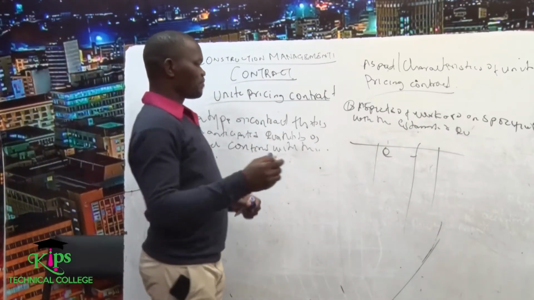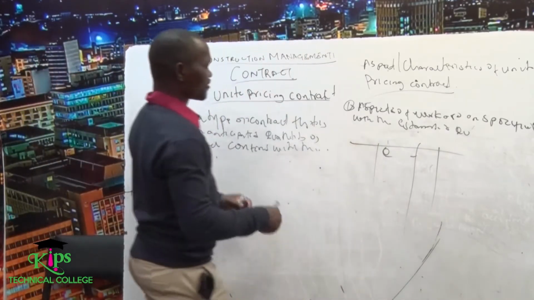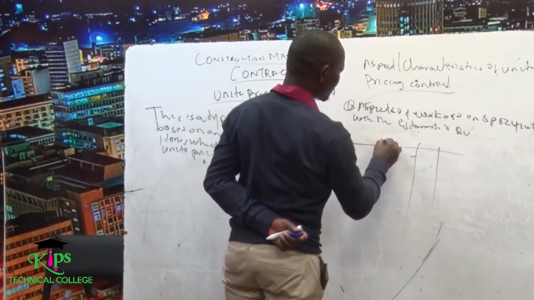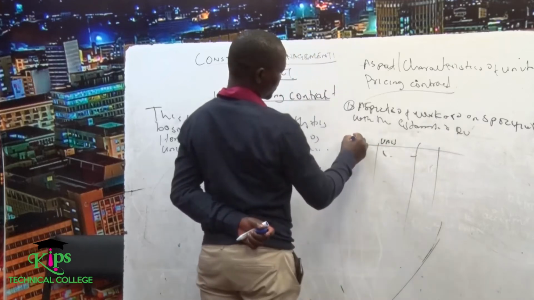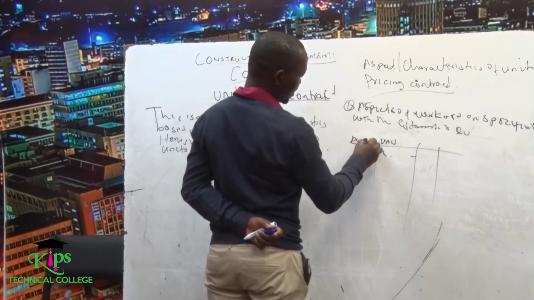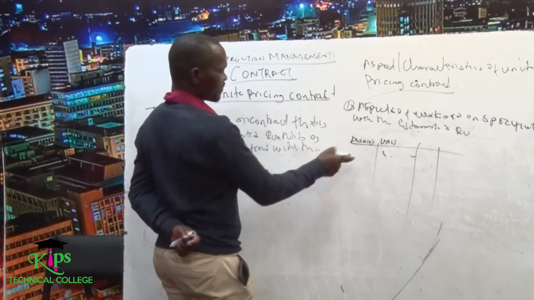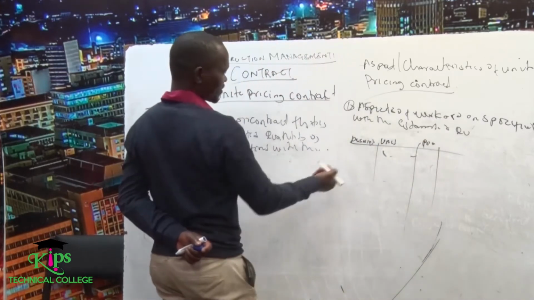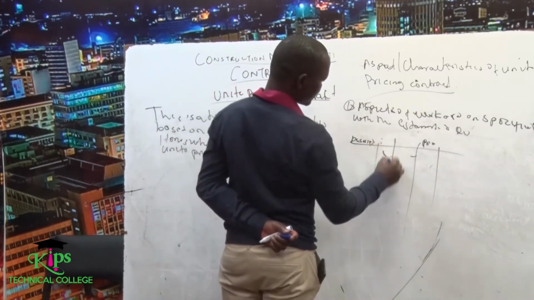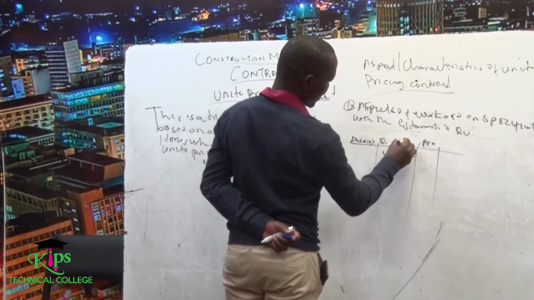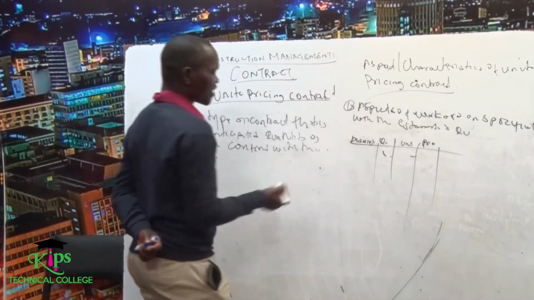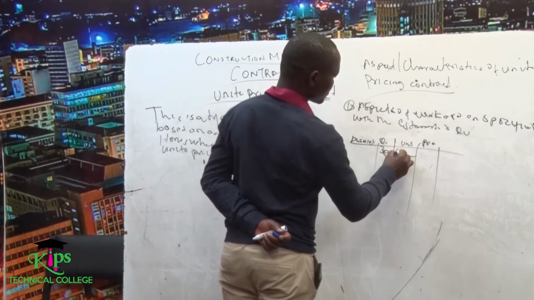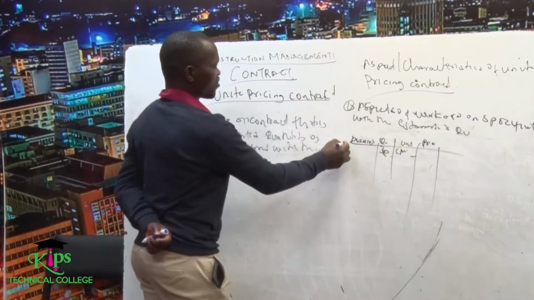For example, assume you are told to construct 30 cubic meters. This is a sample of a BQ. You have the description, the quantity, then the unit, then you have to put your price. So you can be told that we need 30 cubic meters of concrete.